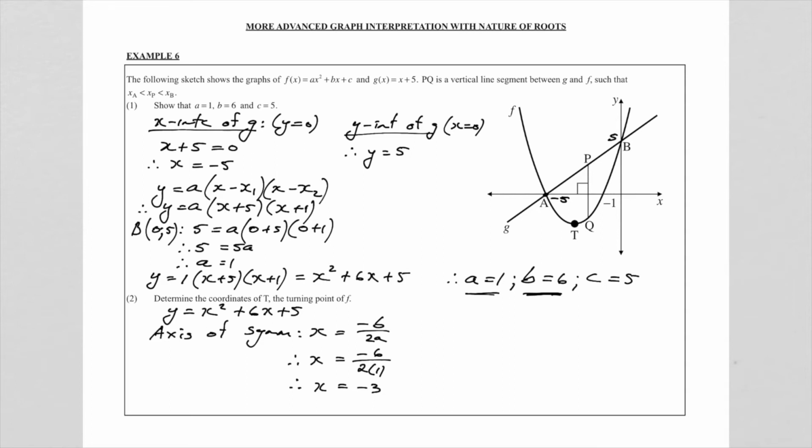So we're going to work out f(-3), and we substitute this -3 into x. So we will get (-3) squared + 6 times (-3) + 5.